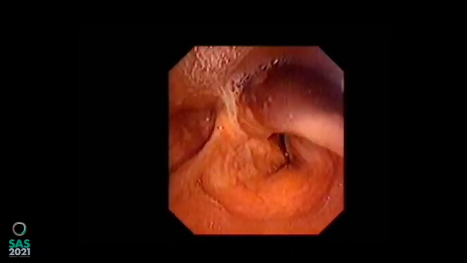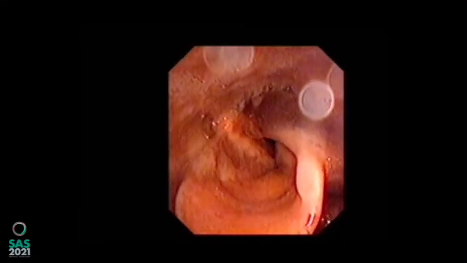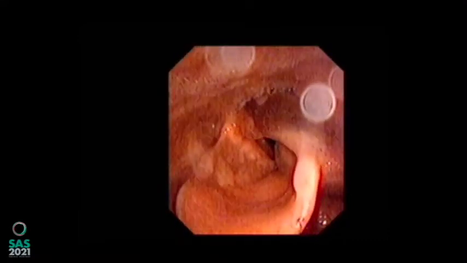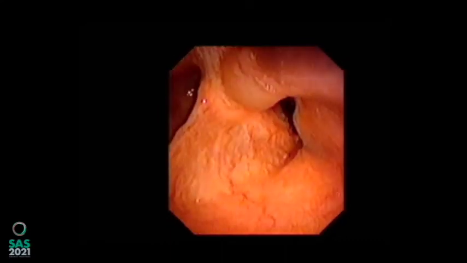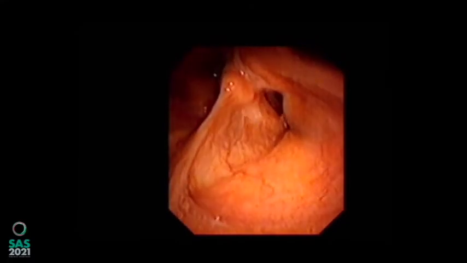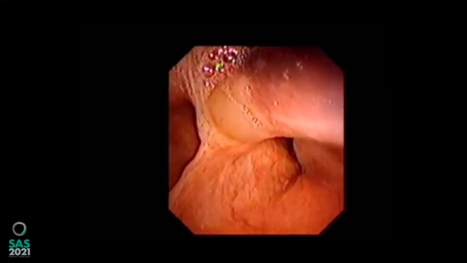Right. So you're seeing some swelling and bruising of the arytenoid cartilage. I can just at the end see that the vocal cords are abducting. Doesn't appear complete.